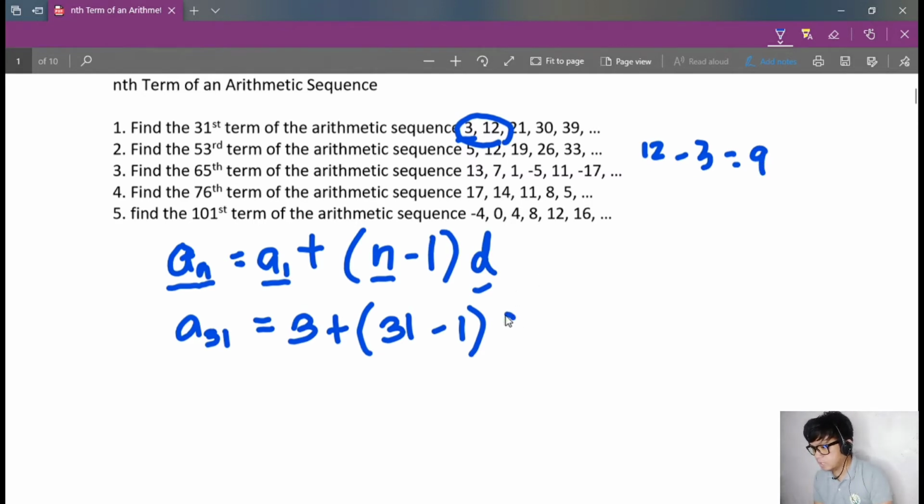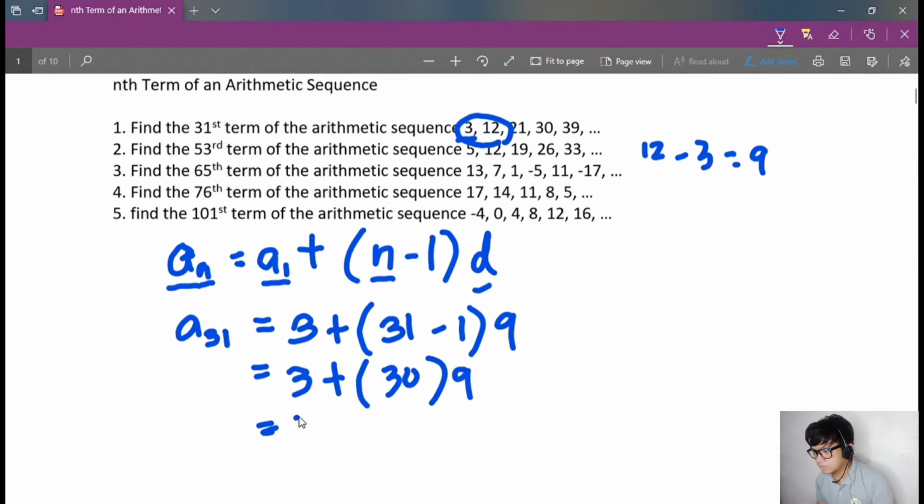So you put here 9. So we will simplify. So a sub 31 is equal to 3 plus 31 minus 1 is 30 times 9.